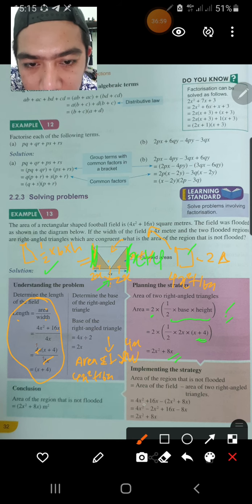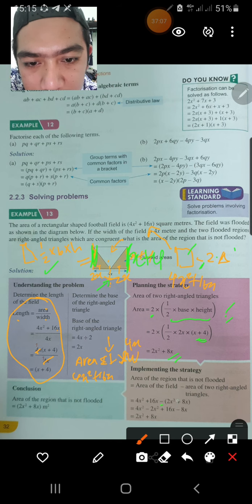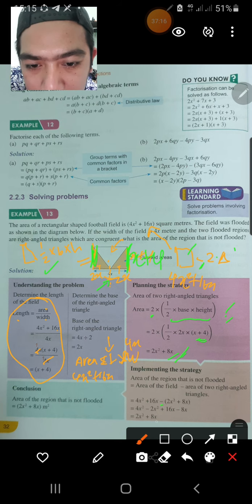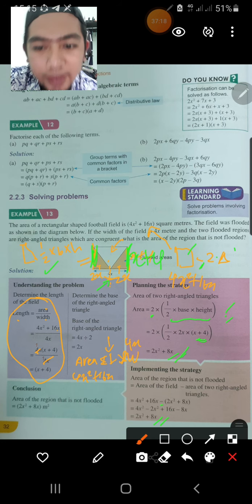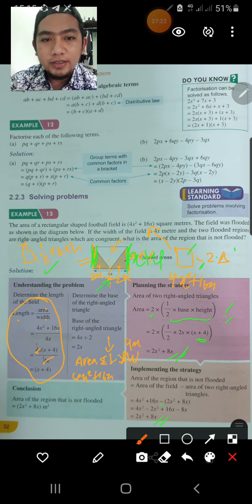That's why sini 4x square plus 16x minus, ni kan, minus area of these 2 right angle triangle, this one, 2x square plus 8x. So you calculate, you rearrange, then you calculate, you akan dapat 2x square plus 8x. So itulah answer untuk region that is not flooded.